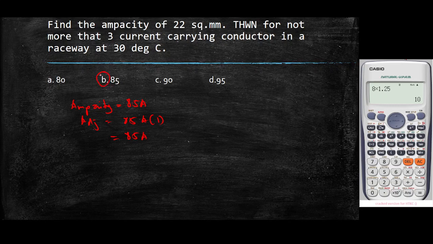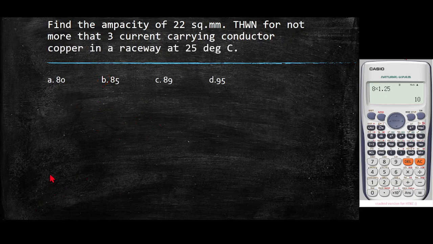If you cannot memorize the table, when the wire is very large, the ampacity will be given to you. What you must do is familiarize yourself with which adjustment factor and correction factor to use. Here, find the ampacity for 22 square mm THWN for not more than 3 current carrying conductors in a raceway at 25 degrees Celsius.